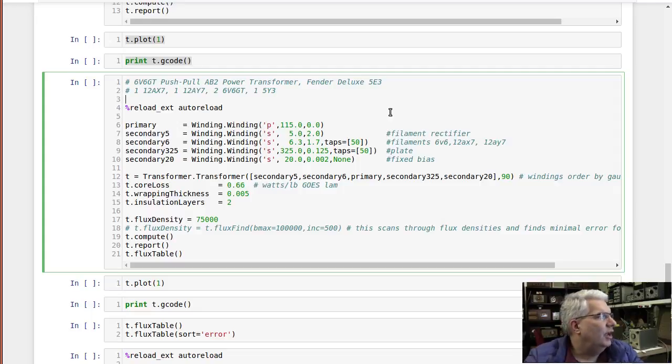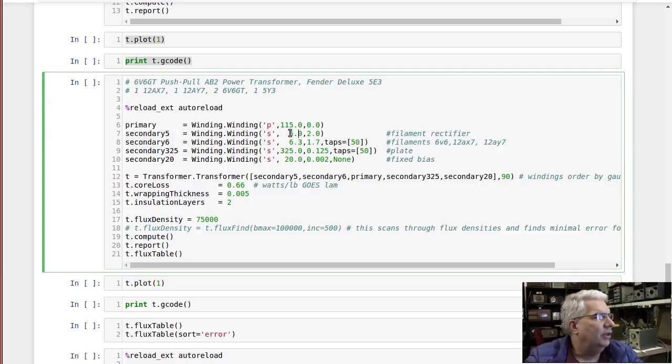This example shows multiple secondaries. I also threw in fixed biasing for this, so I have a winding to generate the negative voltage for the negative grid voltages. This actually has 4 secondaries, and you can see them laid out here.